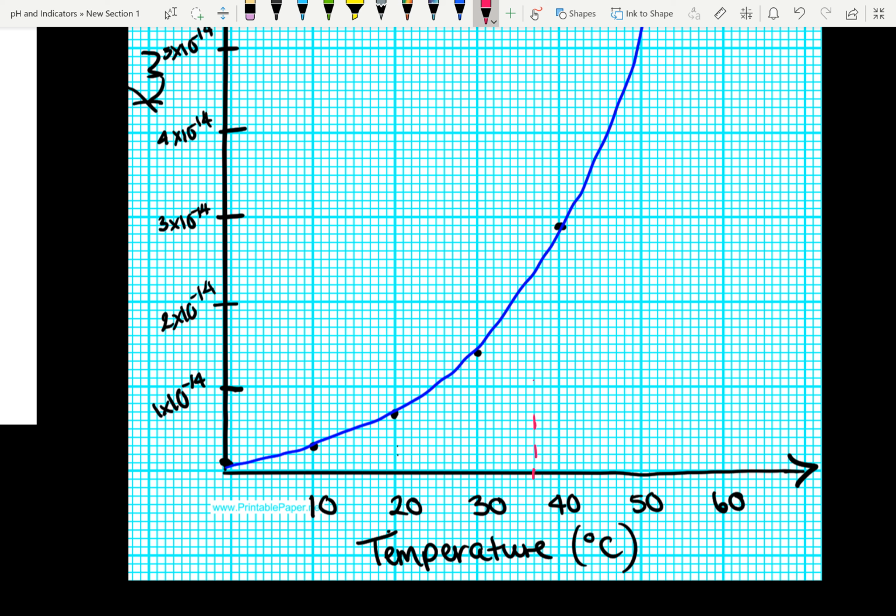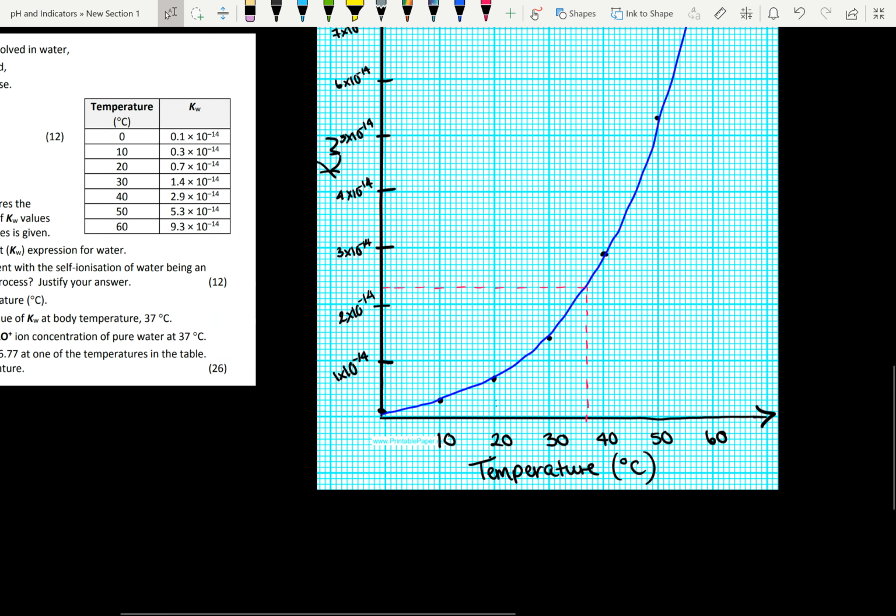I'm going to follow this up to where it hits the graph, and then bring that across. Obviously you can do this with a ruler when you're doing it on your own piece of paper. So that is going to give us an answer of 2.3 by 10 to the minus 14.